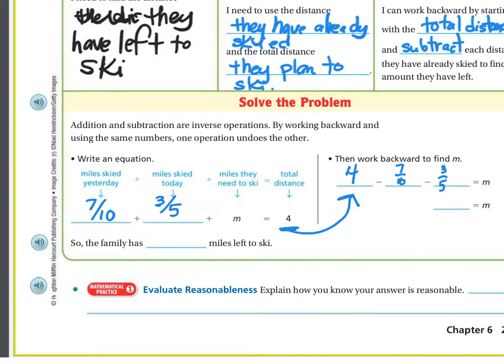Now here, I can't subtract, these aren't equal denominators, are they? So what do I need to do to these? Aaron? Okay, so we need to find the common denominator for 7/10 and 3/5. How are we going to do that? Lily?